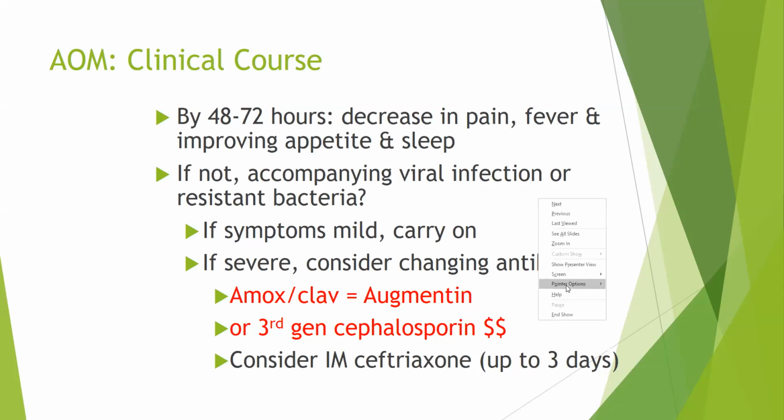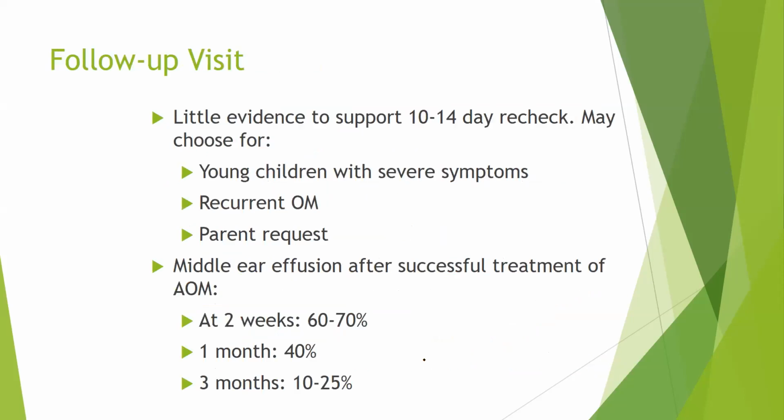It's always fine really to choose either clinically, but cost-wise, these third generation cephalosporins are really expensive. So sometimes insurances won't cover them or the patient can't afford them. So Augmentin is a good choice, and you can always consider IM ceftriaxone at about day 3 if they're not improving, and then follow it with one of these 2 medications.